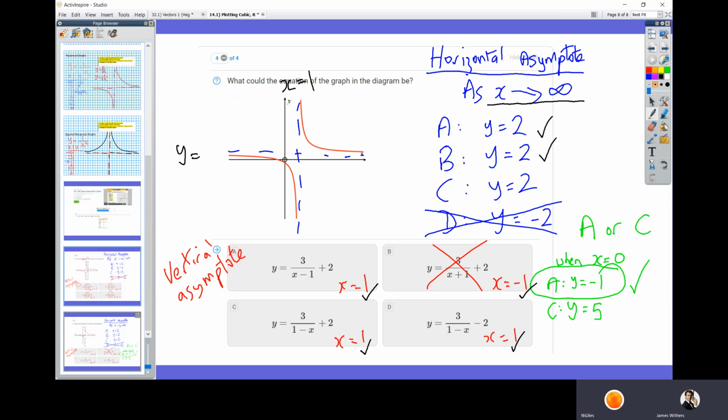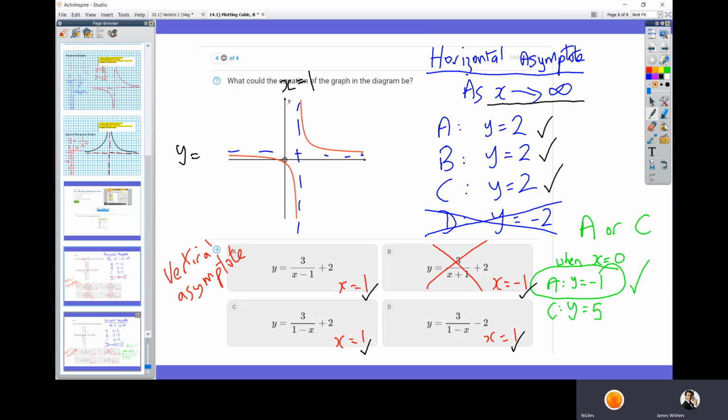And then for part C, it's now going to be a very big negative number in the denominator. 1 minus a million is effectively minus a million, but 3 over minus a million, okay, it's negative, but it is still very small. Then when you add 2 to it again, it's still roughly equal to 2.